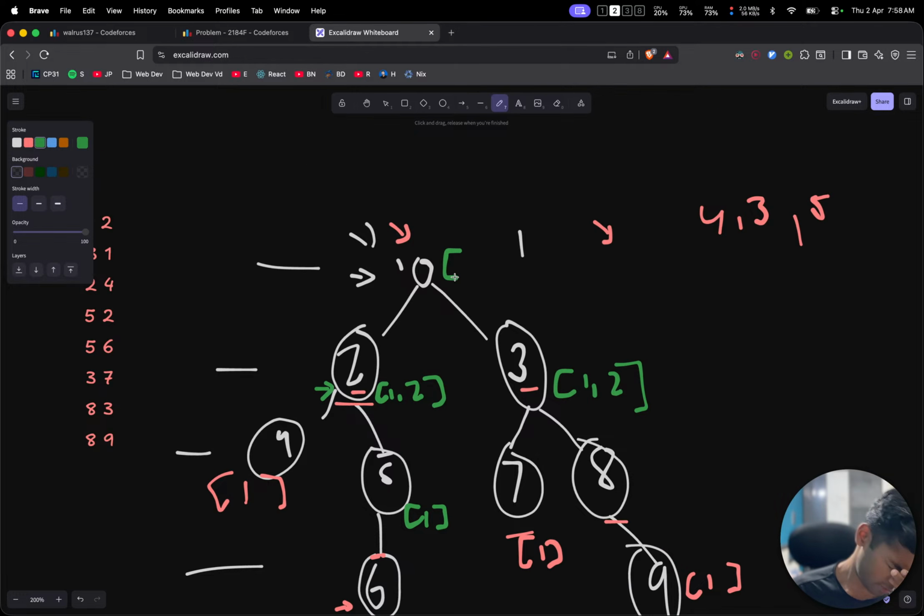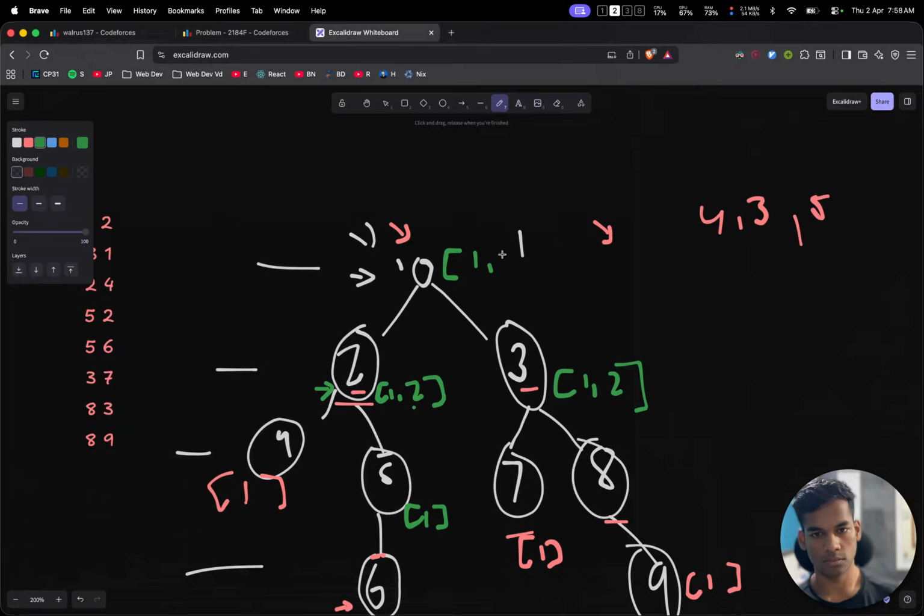And this can have all the remainders that this can have. No, 1 is always a possibility for every node, so I guess we don't even have to write it down. For 2 and 3, is 0 possible, that is the question. 2 and 0.